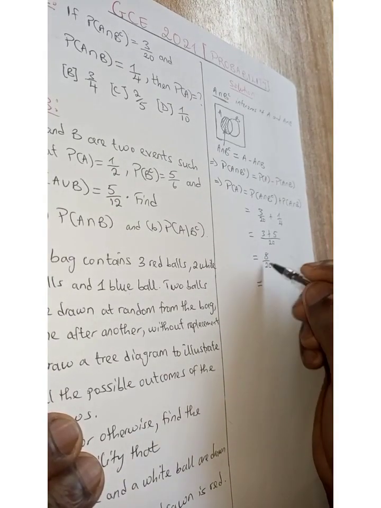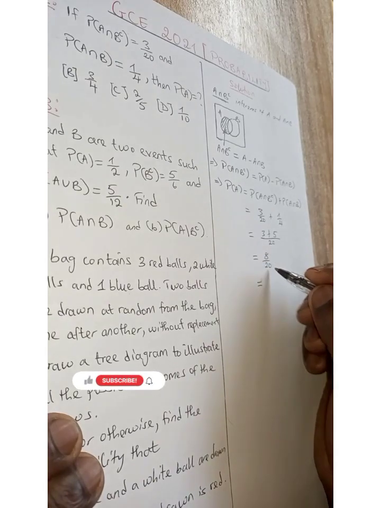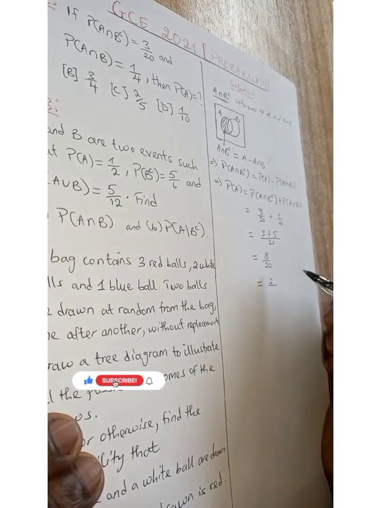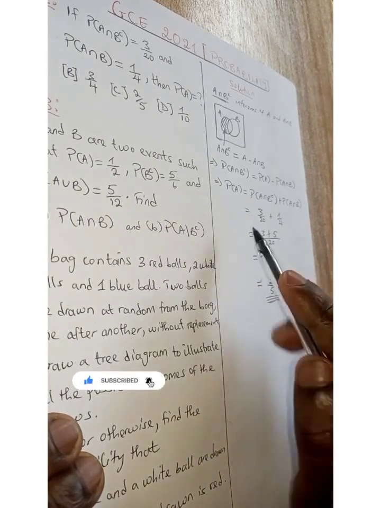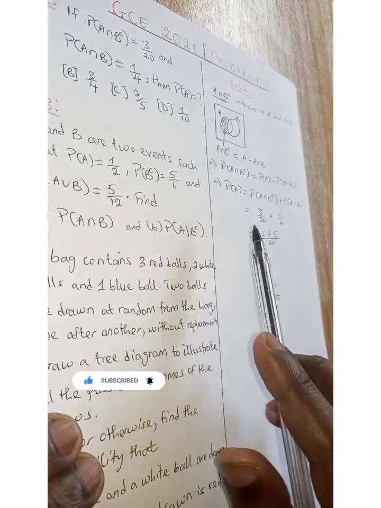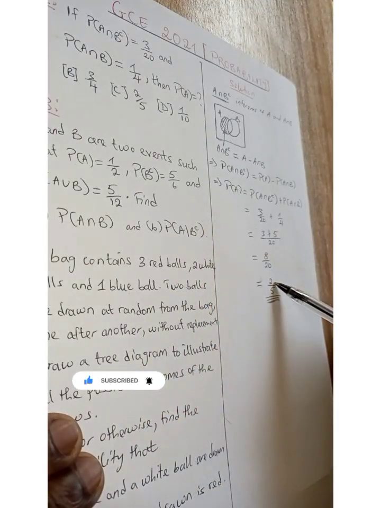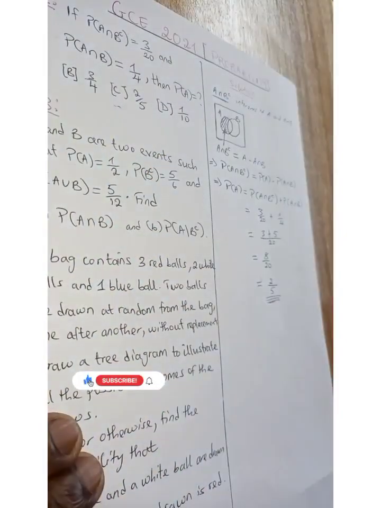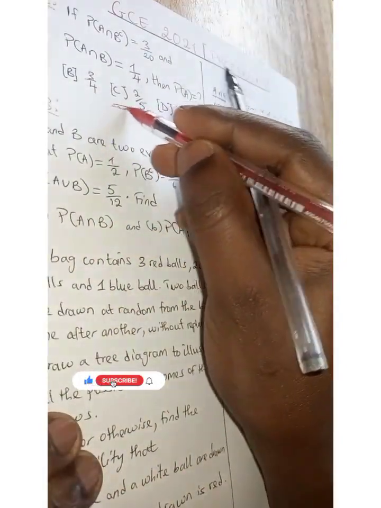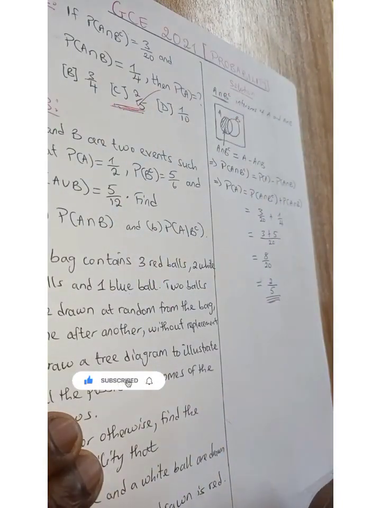And scaling down this fraction, 4 is a common factor, so 8 divided by 4 is 2, and 20 divided by 4 is 5. So the probability of A is 2 on 5, meaning that from the question, C is the correct answer. C is the correct answer.